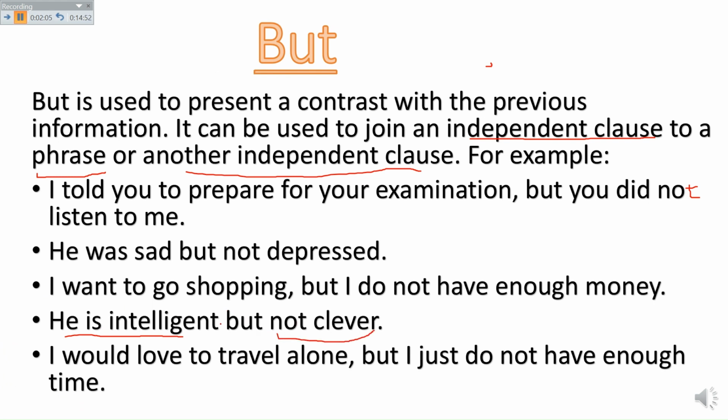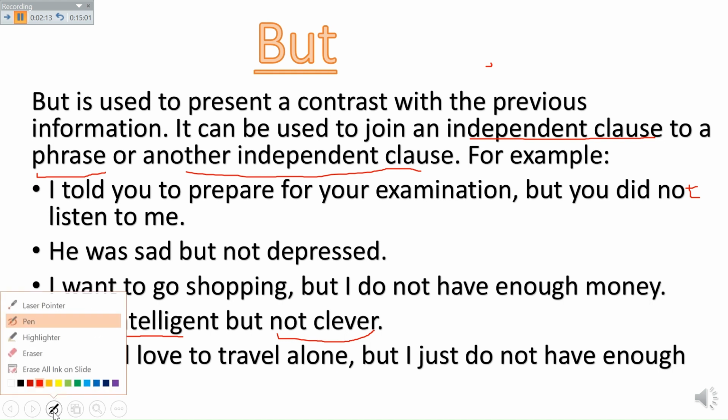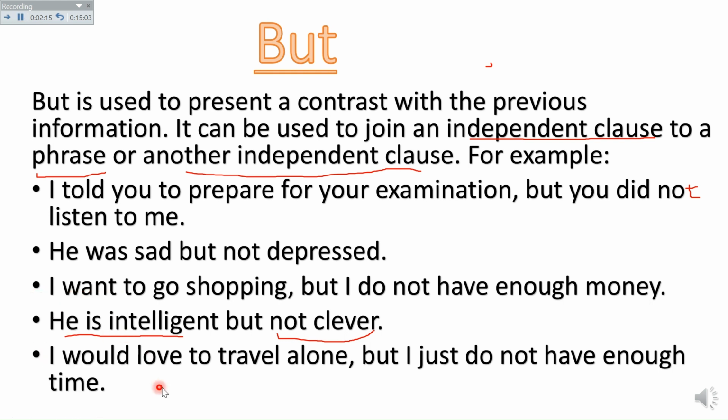So we will not use a comma here. That's what you need to remember here. I would love to travel alone, but I just don't have enough money. So this is giving a contrast between two independent clauses. We will use a comma here.